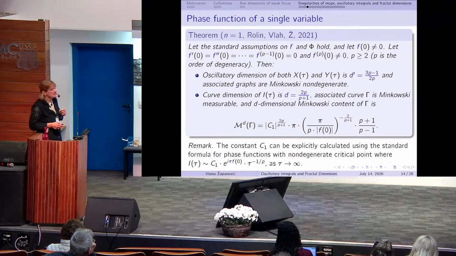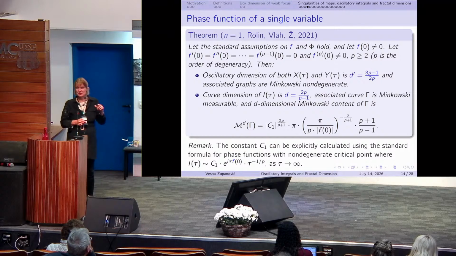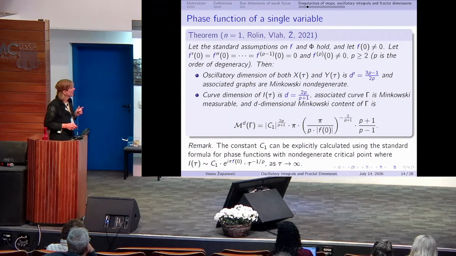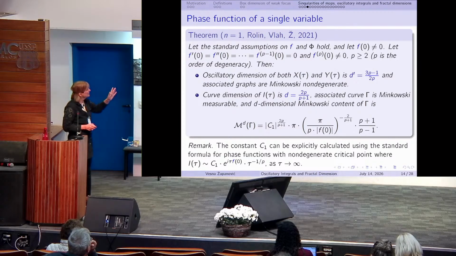The oscillatory dimension is in fact that of a chirp. You can remember that a chirp had alpha and beta parameters. It is a chirp with alpha 1 over p and beta equal to 1. Since we fix beta equal to 1, with oscillatory dimension we cannot reach 2. Because we fixed beta, but alpha can vary. So with very big p, it goes to 3 half.